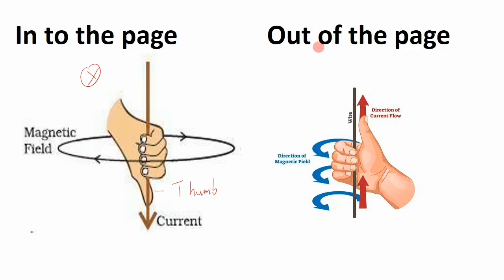But if the current is going out of the page or towards the observer, now what do we see? The curls of the fingers are in an anti-clockwise direction. So this is out of the page when you see the tip, right? And this is anti-clockwise. The direction of the magnetic field is anti-clockwise, but into the page the direction of the magnetic field is clockwise. So which one are we supposed to draw here?